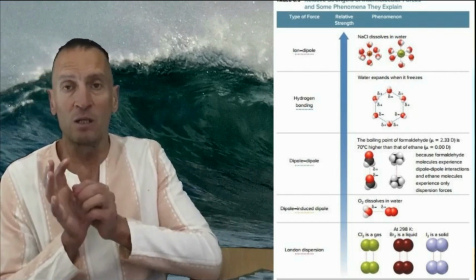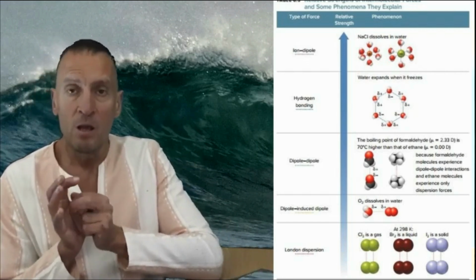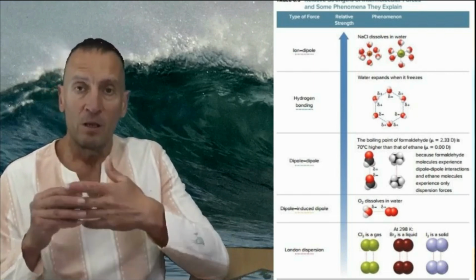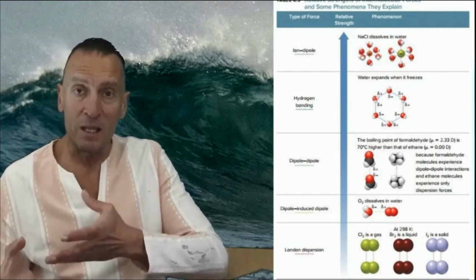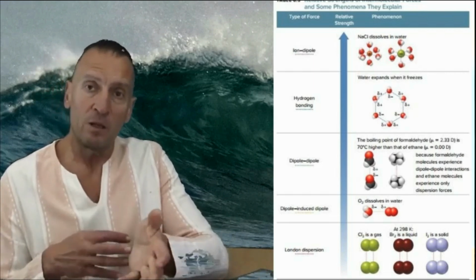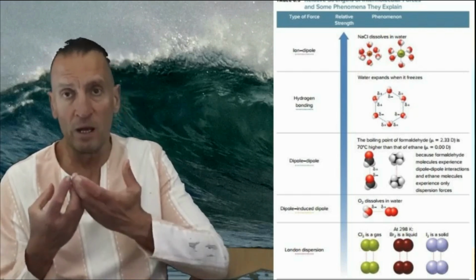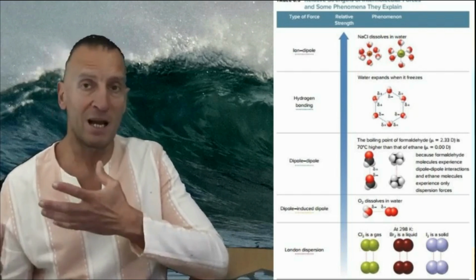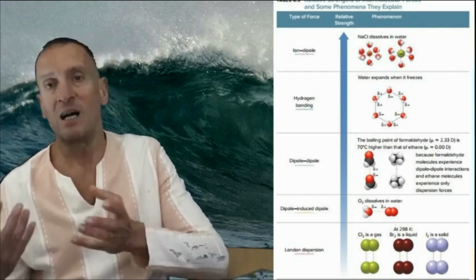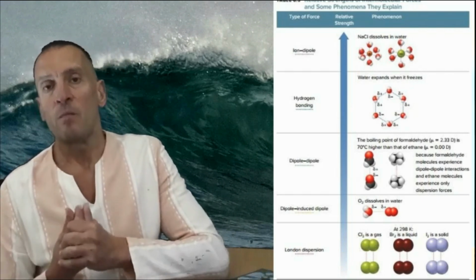And this is why with London dispersion forces we've got liquid bromine and solid iodine, but you don't have liquid chlorine. Chlorine has few electrons, not so big as the iodine. Chlorine is a gas, iodine is a solid.